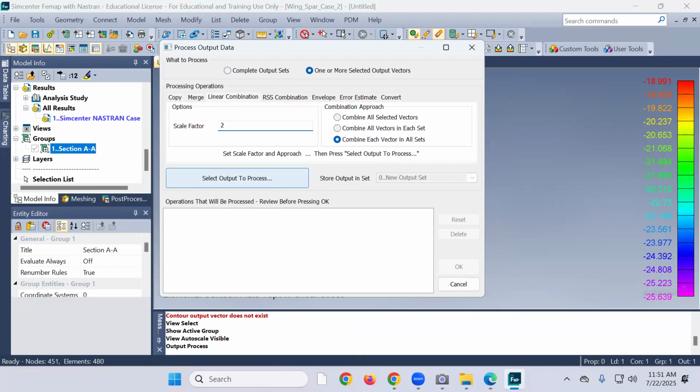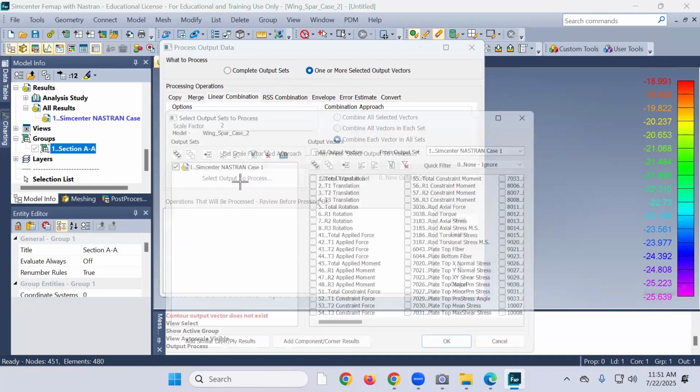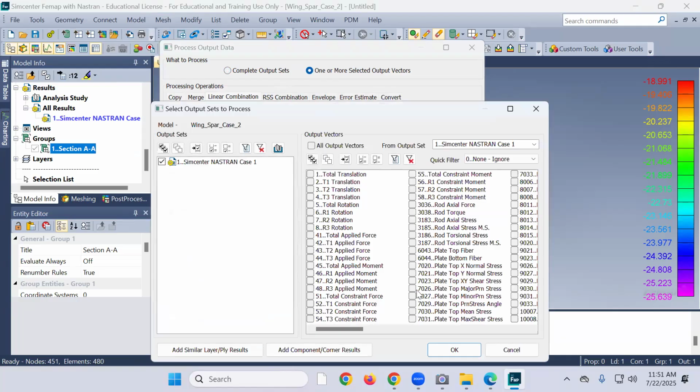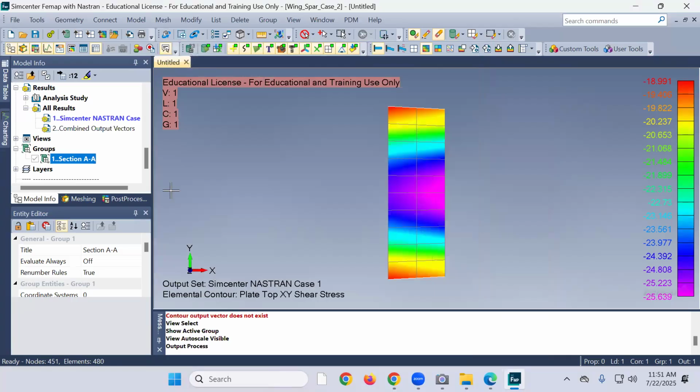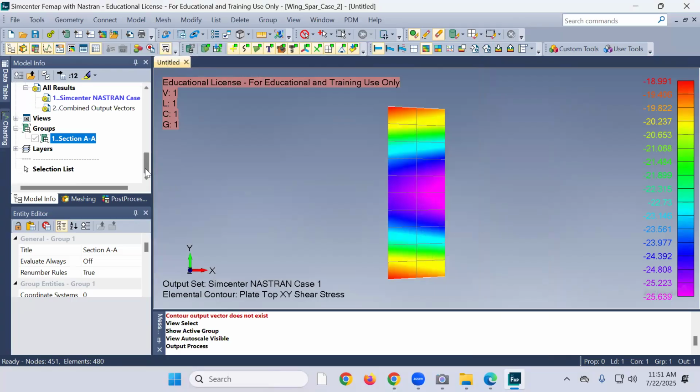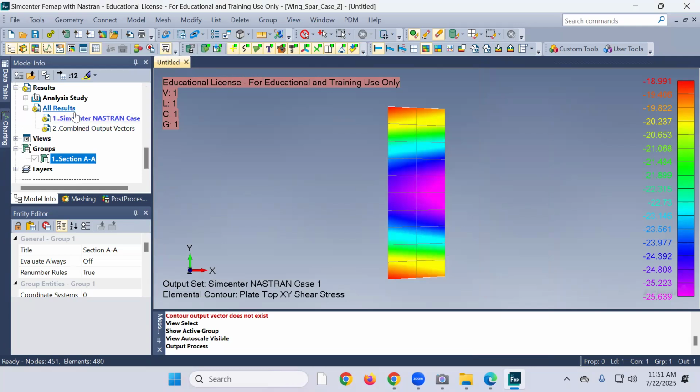It's 2. We put 2 over here, select the process. And what was the number of the plate shear stress? It was 7,023. So I'll go to 7,023. I click OK. And now on results, you see this is the one from before. And now the combined output vectors should multiply these by 2. So we should get exactly the same distribution, but multiplied by 2.